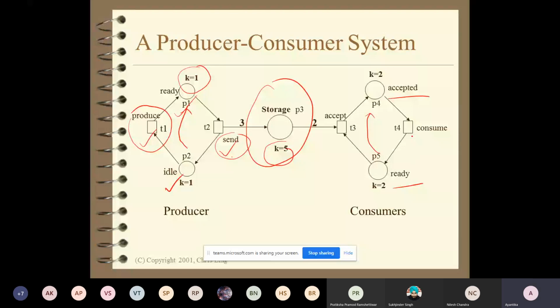Consuming means it is doing whatever it wanted to do with that instruction or input. Once the consume event is done, it becomes ready to accept another input. So this is how you can think of the state transition of your producer consumer scenario. This is a state transition diagram.